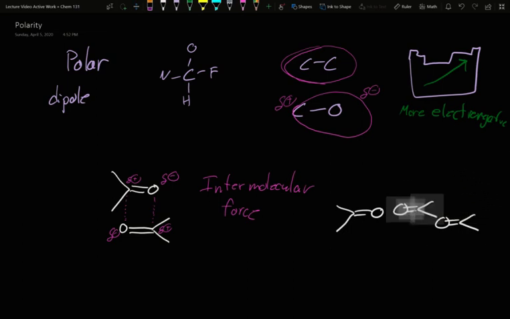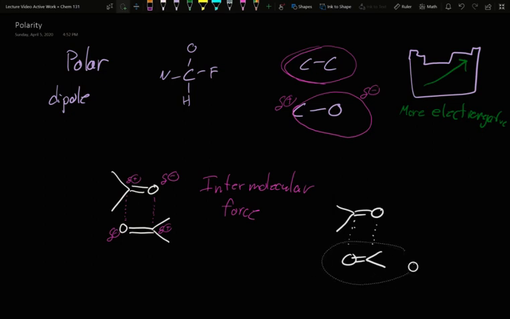If the negatives got near each other, they'd push away. But if they pass near each other and line up in such a way that they start being attracted to the opposite charge, then what will happen is that molecule will pull in a little bit. They'll bounce off each other, but they contract, they get nearer to each other.